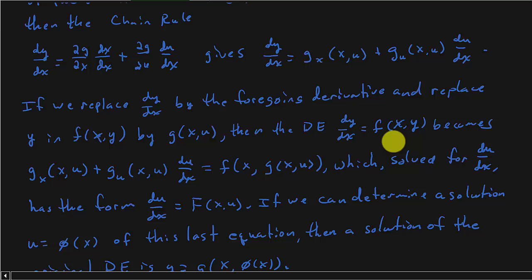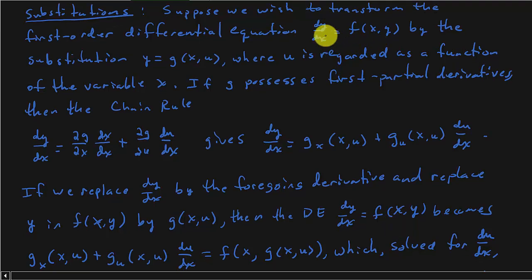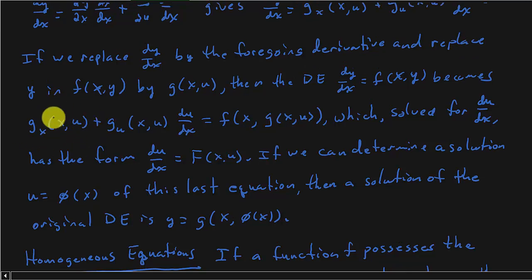So if we replace dy/dx by the foregoing derivative and replace y and f of x, y by g of x, u, then the differential equation dy/dx equals f of x, y, the one we started with, our original one, becomes the partial of g with respect to x plus the partial of g with respect to u, du/dx equals f of x, g of x, u, which, solved for du/dx, has the form du/dx equals F of x, u.